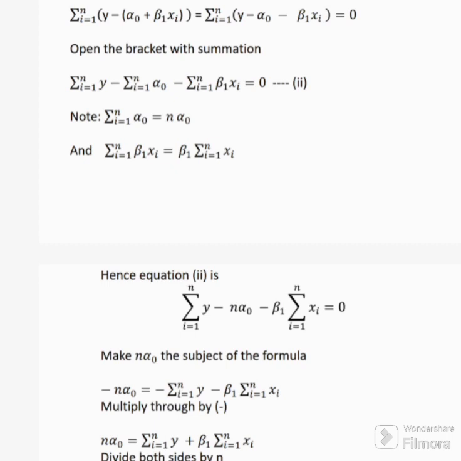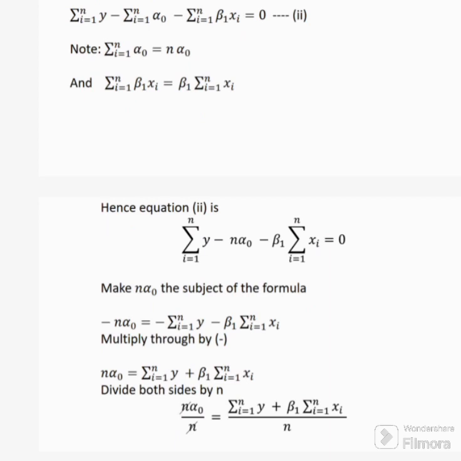Now I want to use summation to open the bracket. And when we use the summation to open the bracket, we have this equation too. We have summation of i ranging from 1 to n y minus summation of i ranging from 1 to n alpha naught minus summation of i ranging from 1 to n beta 1 x of i, everything equal to 0.